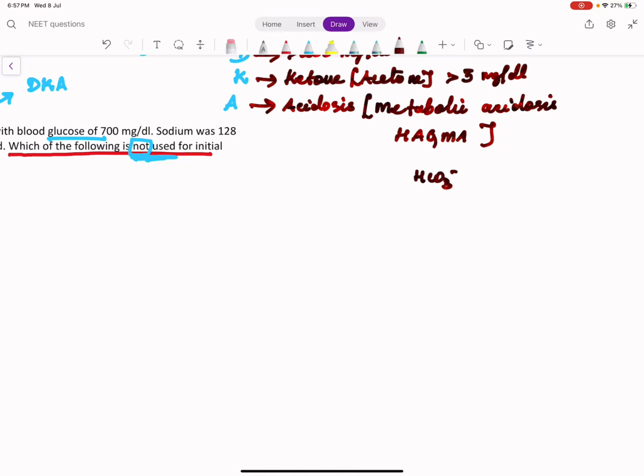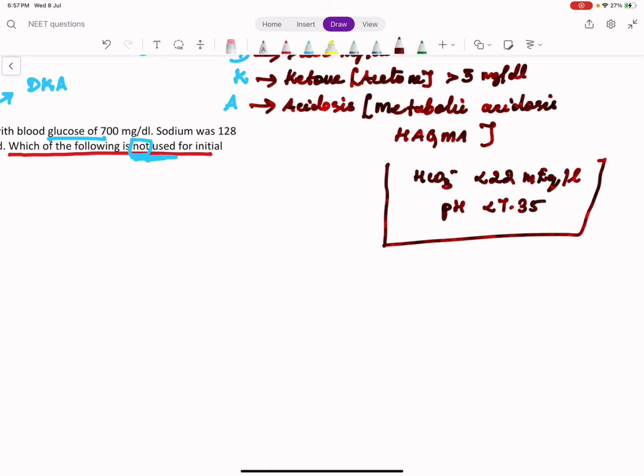Bicarb is less than 22 milliequivalents per liter and pH is less than 7.35. If this criteria is there, we call it metabolic acidosis. Metabolic acidosis may be high anion gap metabolic acidosis or normal anion gap metabolic acidosis.